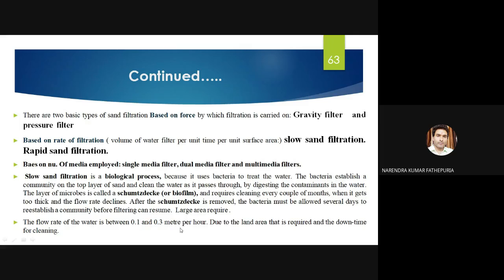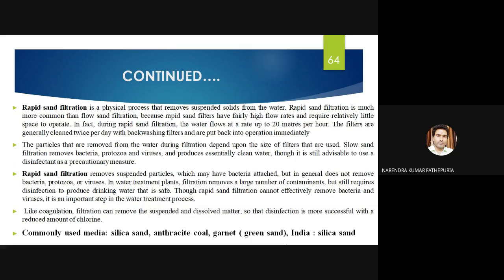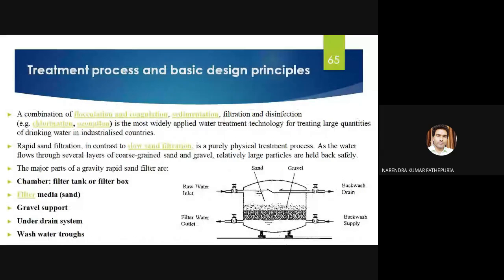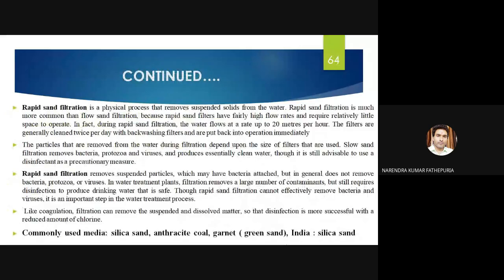The flow rate of water is between 0.1 to 0.33 meter per hour due to the land area that is required and the downtime for cleaning. I will talk about the cleaning of how we are going to clean the rapid sand filters and slow sand filters later on. First, we have to understand what is rapid sand filtration, what is slow sand filtration. And what is rapid sand filtration?